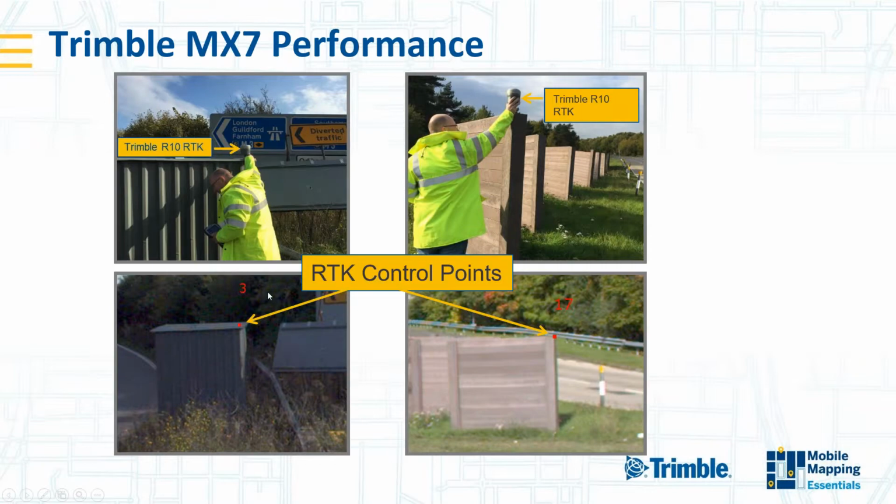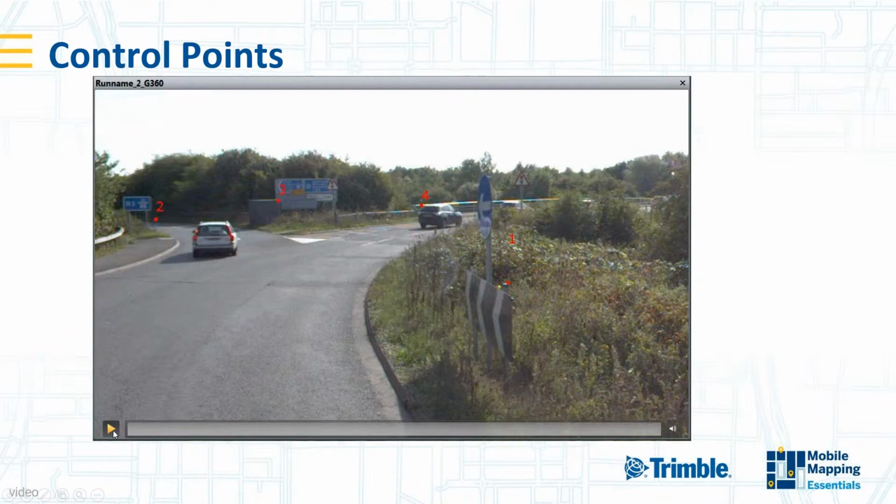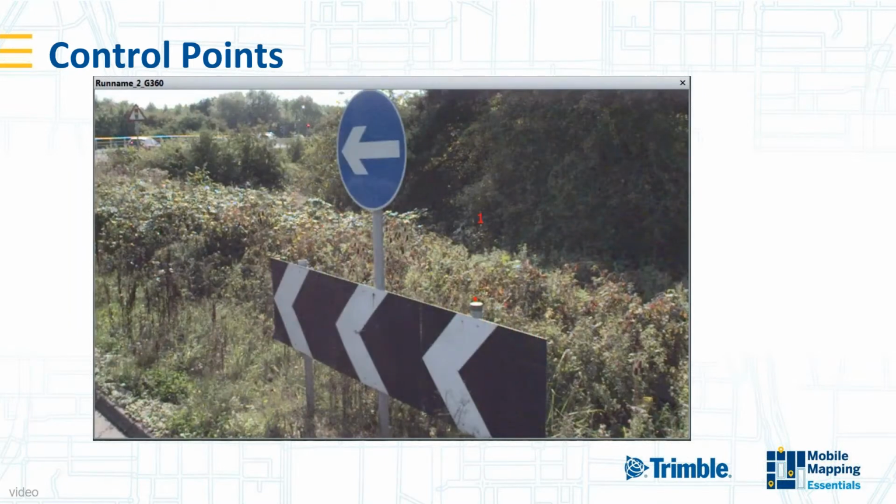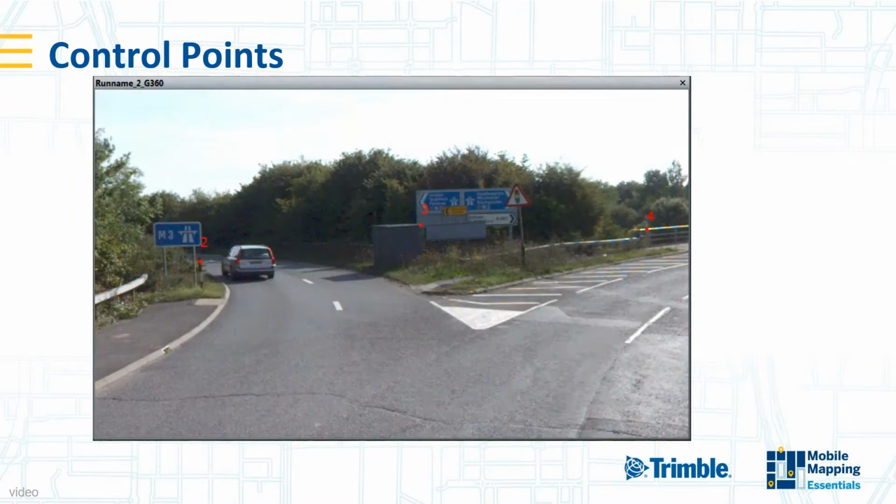This was another test that we did, again, a mobile mapping mission with an MX7, and then we extracted some points in the images and visited them with an RTK, with a Trimble R10. I just want to show you that. So the red dots in this image are RTK points that have simply been imported into our software.